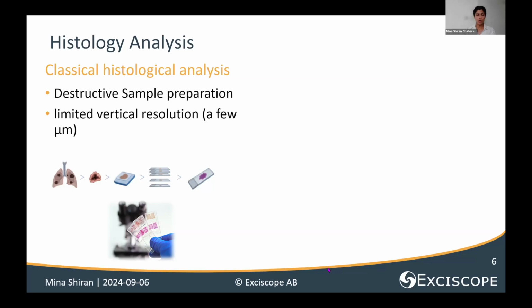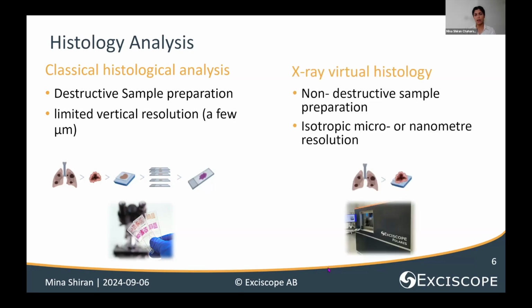basically destroying a sample is not an option, we can think of other types of histology analysis, of which X-ray virtual histology is one. It is a non-destructive sample preparation, and it doesn't destroy the sample. So it is possible to run other sample analysis even after you run the X-ray analysis on the sample.